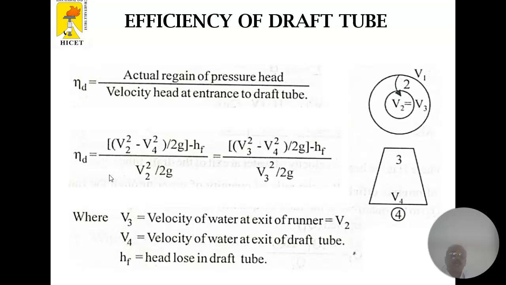So we finally get this equation: V2 square minus V3 square, divided by 2g, minus loss due to friction, divided by kinetic energy at the section 2. So this equation is helpful to calculate the overall efficiency of the draft tube.